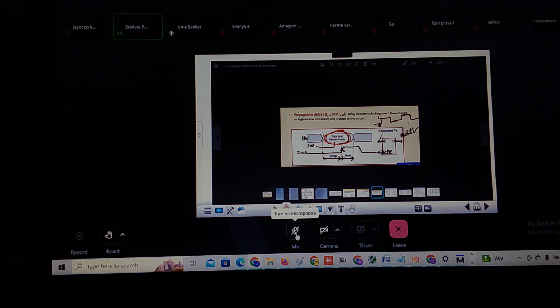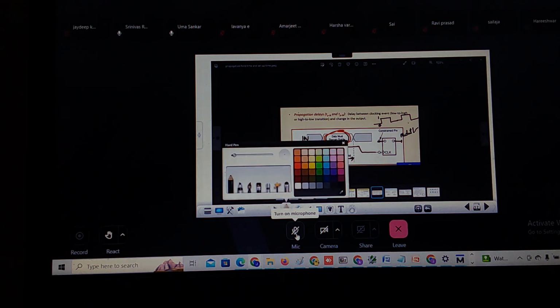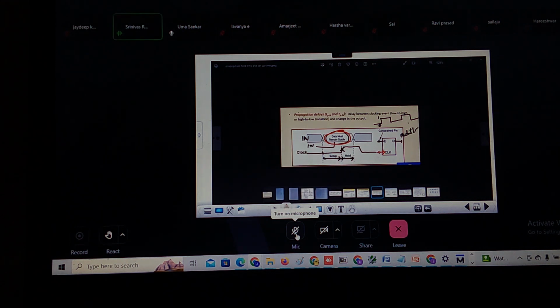Is the transition only 0 to 1, or always the clock rising from 0 to 1? Does it depend on both falling and rising? No, you can see in this case I'm using one positive edge flip-flop. This is a positive edge, so I'm referring the setup time and hold time to it. For a positive edge, it always depends on the rising edge.